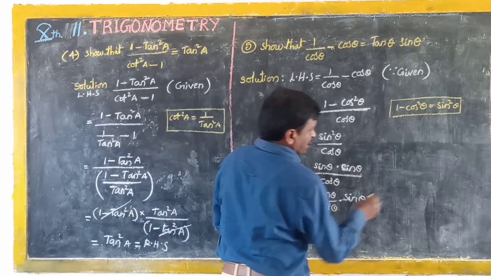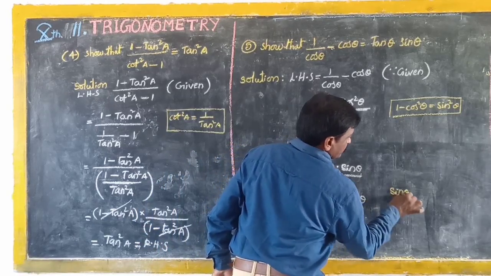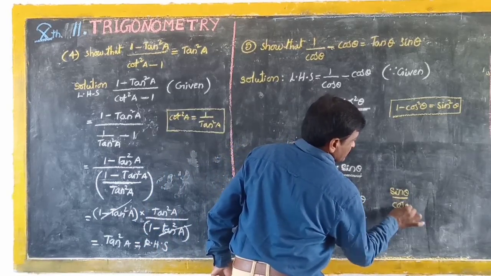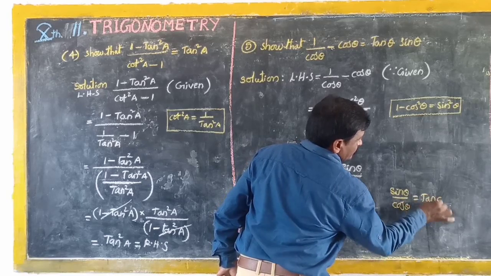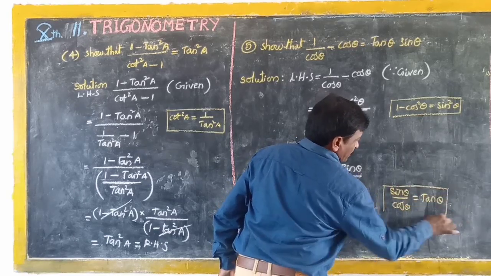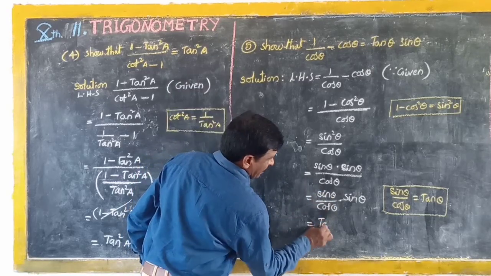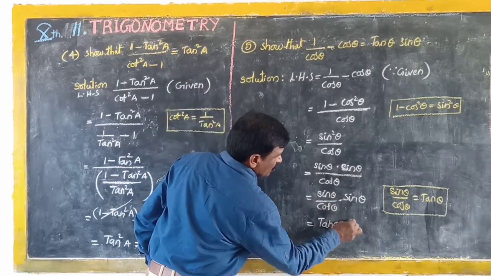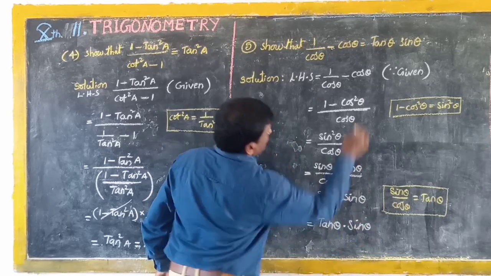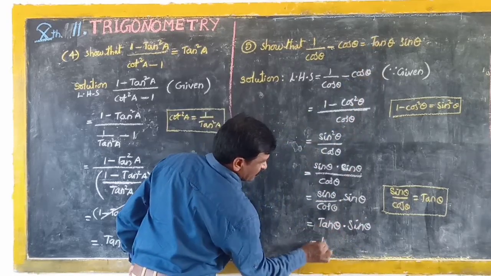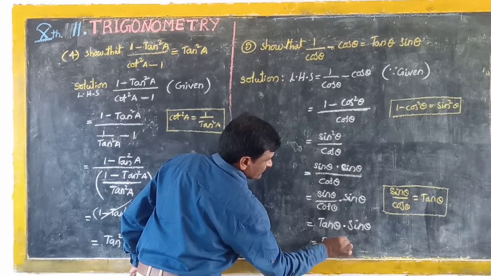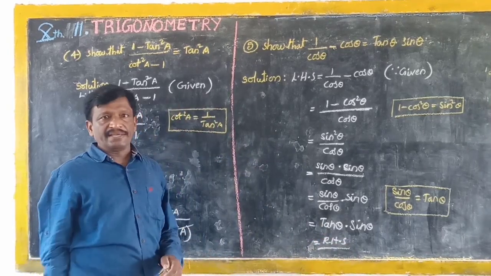Sin theta by cos theta is equal to tan theta, we know it. So it is tan theta into sin theta, which is equal to RHS.